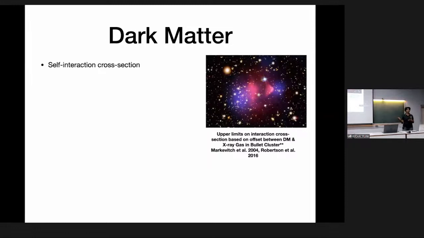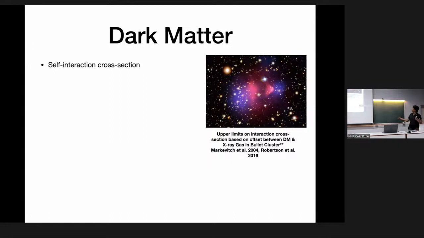This is the Bullet Cluster you have heard of. It's a very famous system. Here, what happened was that they looked at this particular system where there were two clusters which were merging, and so the blue component here represents the dark matter, which is measured via the weak lensing analysis, and maybe strong lensing analysis.